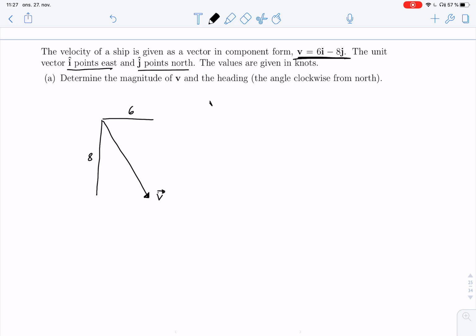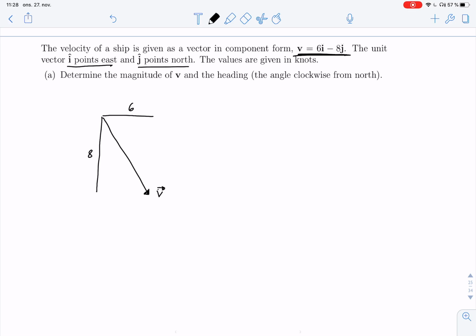Notice that my vectors will be in bold when they are printed, but when I write by hand, it's easier to make an arrow above. Okay, so this is my V. Determine the magnitude of V and the heading.